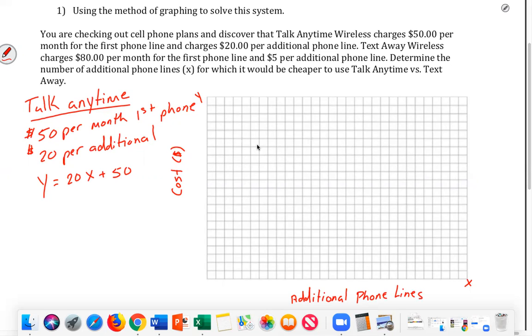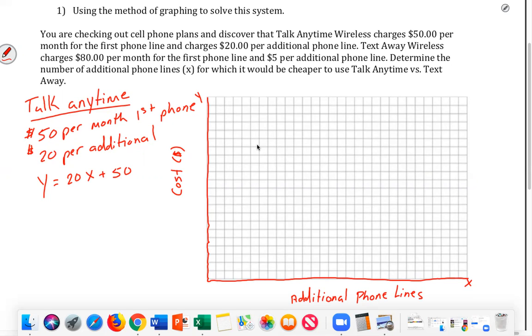All right, so let's go ahead and draw in our axes. Again, we're only talking about the first quadrant because you can't have negative phone lines and you can't have a negative cost.